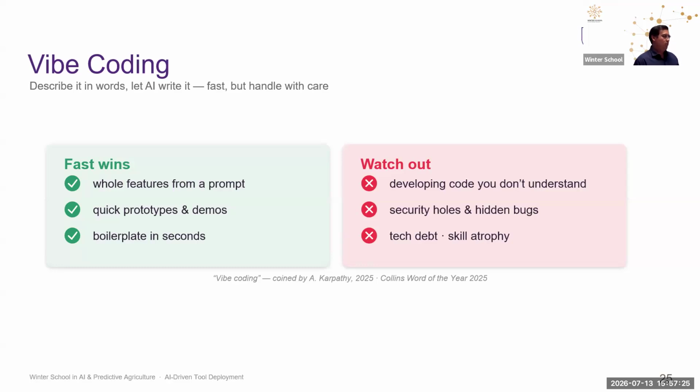Imagine now that you want to publish something and you're developing code that you don't understand because you follow the vibe coding. It will get rejected straight away in the reviewer phase, especially if they find bugs and things like that, right? And that could bring a lot of issues to the university and your team and yourself, reputation-wise as well. So again, cool to use it, but always have that human check at the end.